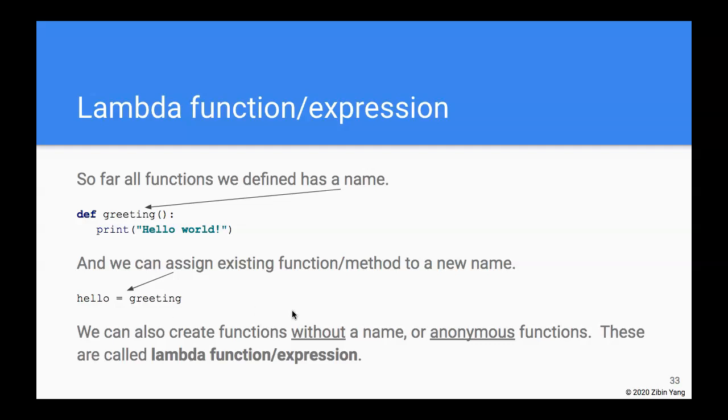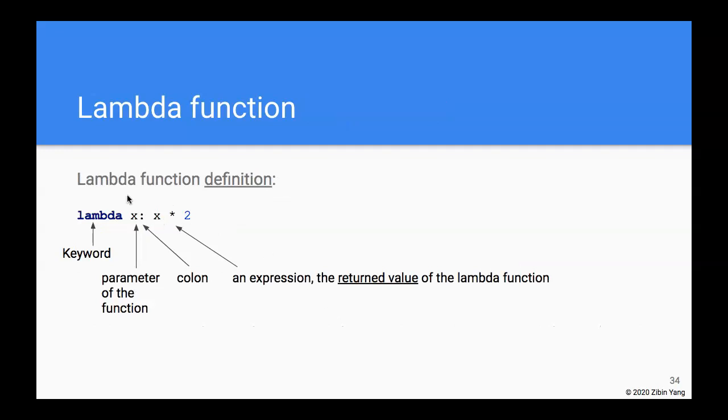Now, we can also create functions that do not have a name, or anonymous functions. These functions have a more formal name called lambda functions or lambda expressions. So first, I'm going to show you how to define them. To define a lambda function, we basically start with the word lambda.